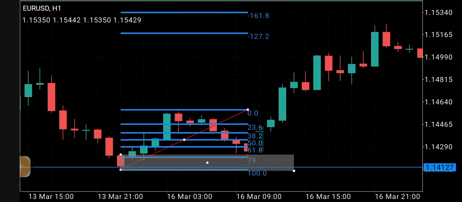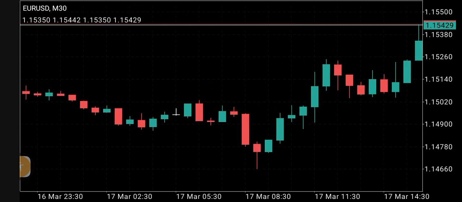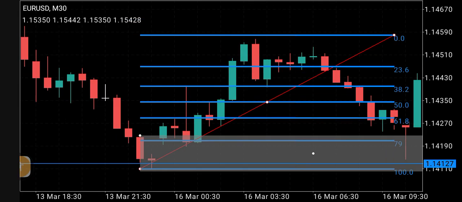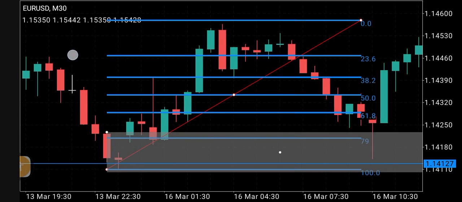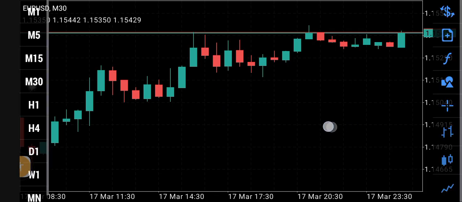So to refine, we go to M30. This is our M30. So we refine it how we normally refine, like this.